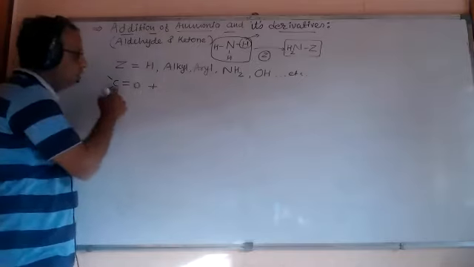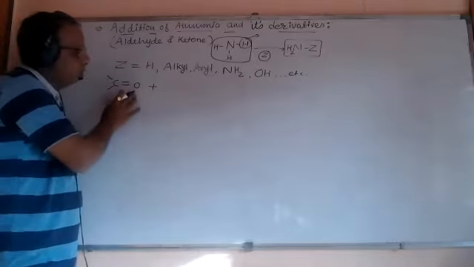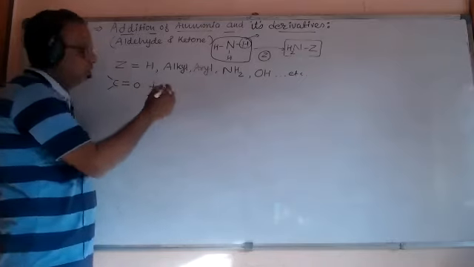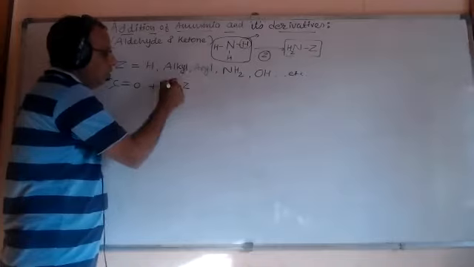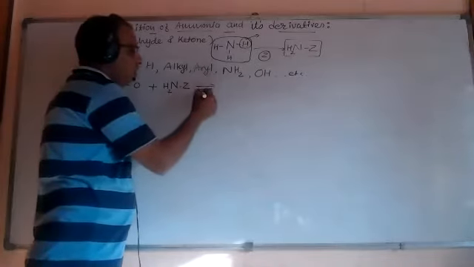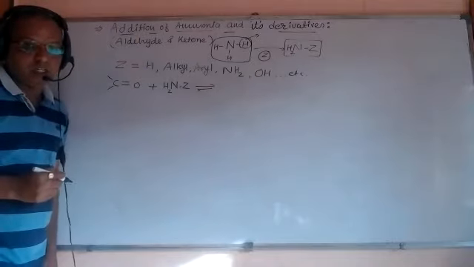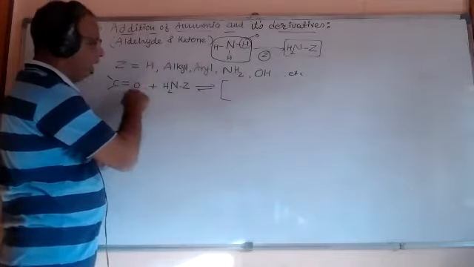Only this common structure of aldehyde and ketone is to be considered here. And NH2Z, this is the first part of the reaction in which addition is taking place. What happened here? This part will be added here.